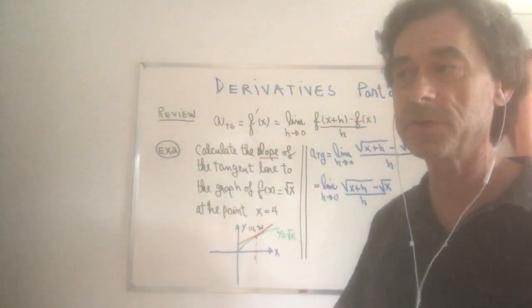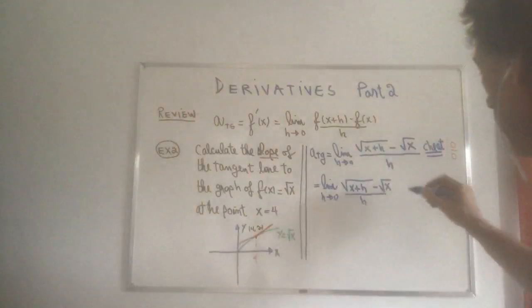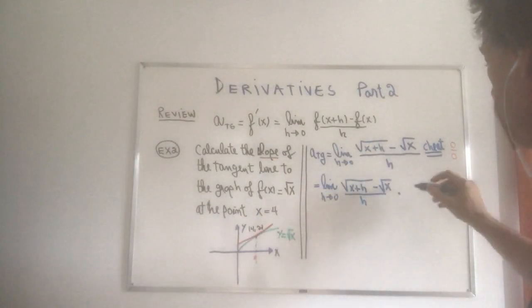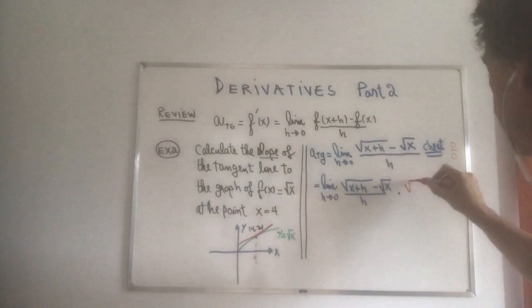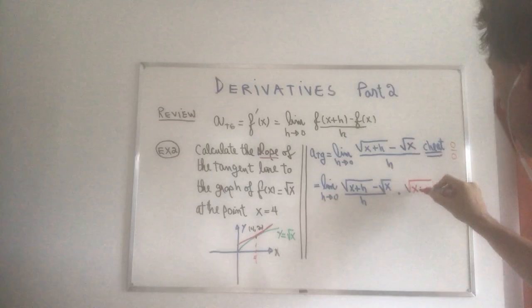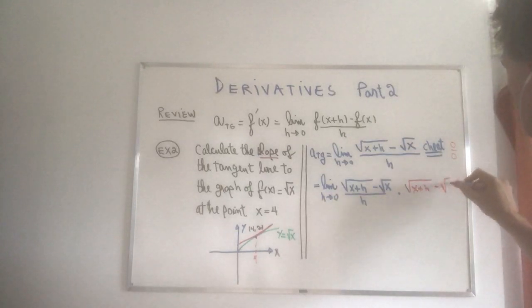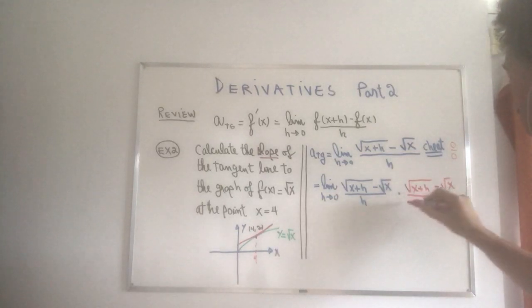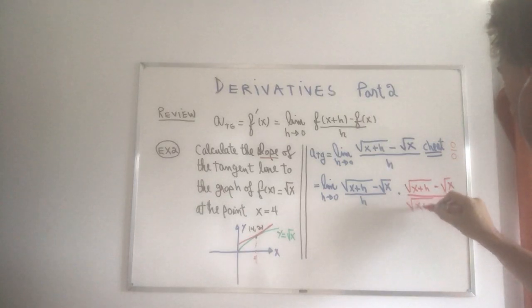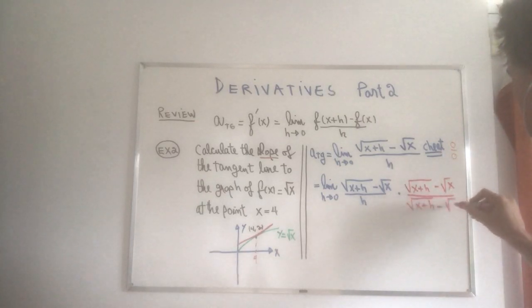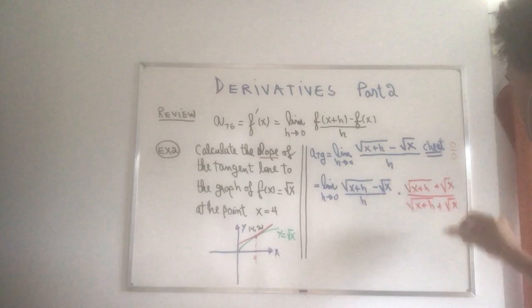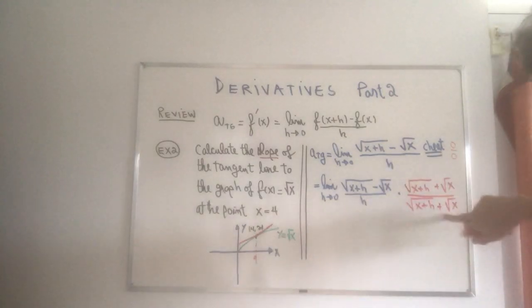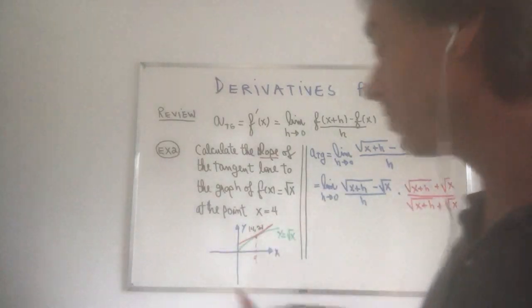But if we get 0 over 0, we need to come up with more work. So we want to multiply by the conjugate. What is going to be the conjugate of this guy? The same thing, but with a plus in between the roots. All right. So we've done this before. Not a very difficult situation. So a plus in between those two, and the same thing up and down.